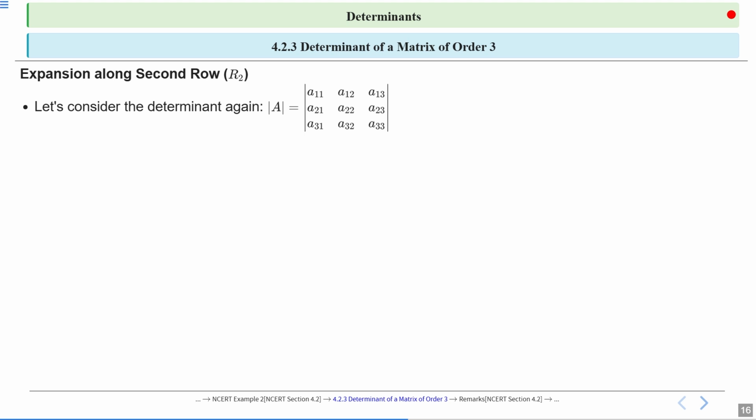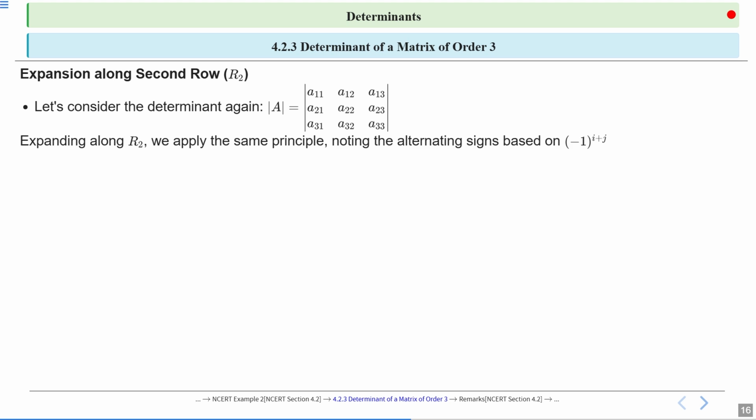If I say cancel the second row, then cancel A21, A22, A23, the entire row. And if I also cancel the third column, then cancel A13, A23, A33. So when we cancel, we are left with A11, A12, A31, A32. So understand how we cancel the rows and columns.